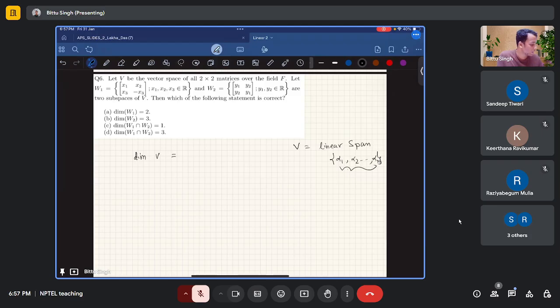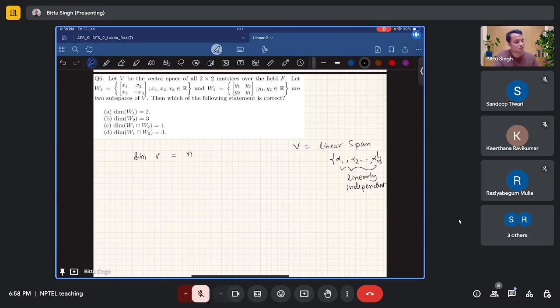And if those n elements are also linearly independent, then we'll say the dimension of the vector space V is n. Okay, so if V can be written as linear combinations of alpha 1 up to alpha n, and moreover those elements are linearly independent, this is also needed, then the dimension of that vector space is denoted by n.